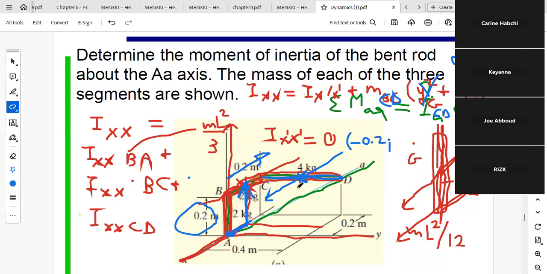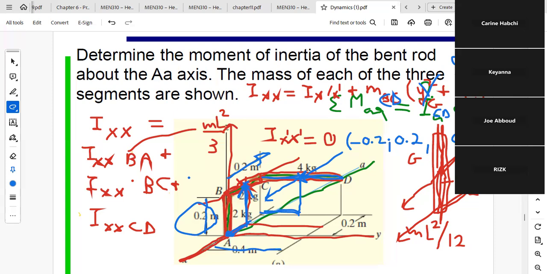Now, if I do my projection here, the Y component of this point is 0.4 over 2. So this distance is 0.4. Half of it is 0.2. So the second coordinate is 0.2 for Y. And for Z, I have an elevation also of 0.2 meters. So Z of G of CD is plus 0.2.